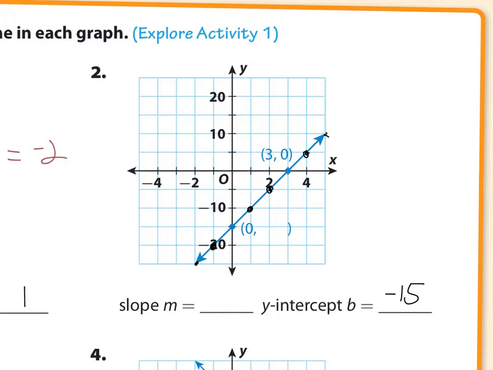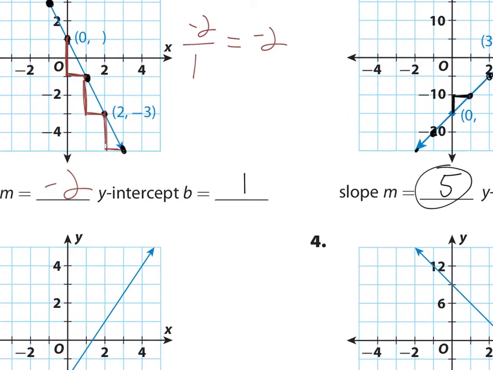It's going up 1 block here, which is 5, because we're counting up by 5s. And then it's running how many times? 1. So 5 over 1, which equals 5 as our slope. So this particular problem would be y equals 5x minus 15, or y equals 5x plus a negative 15. Either way, it's the same thing.